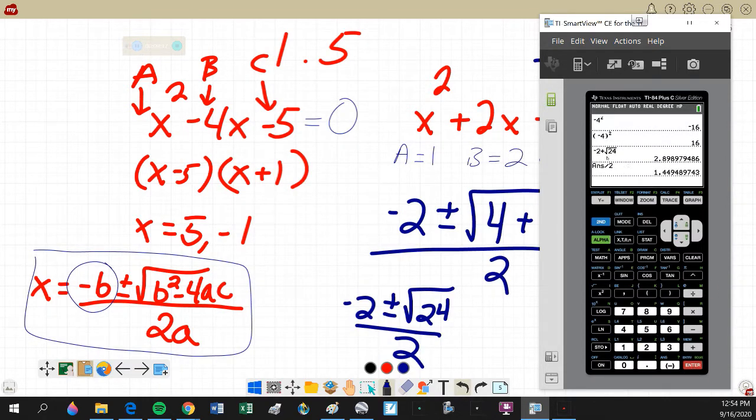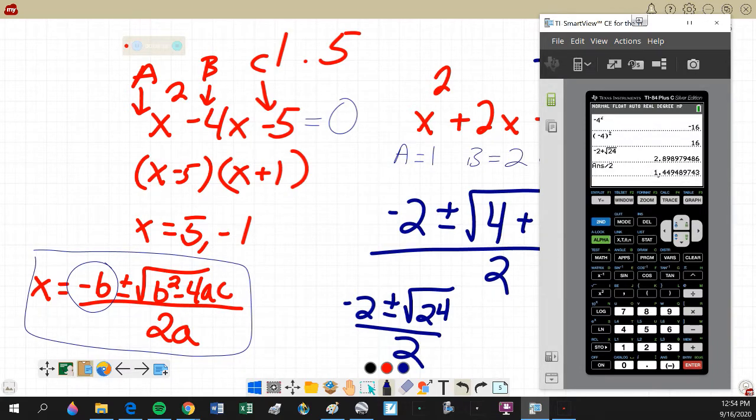Why did I push enter and then divide by 2? Why didn't I do negative 2 plus square root of 24 divide 2? That would only divide the 24, and I want to divide both of them by 2, which is why I hit enter.